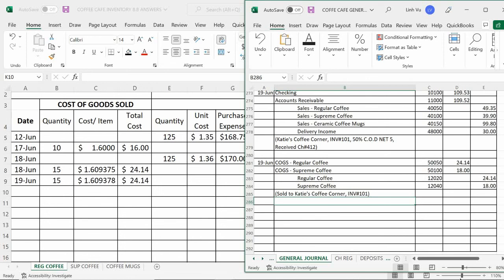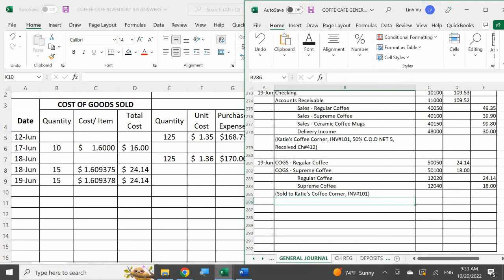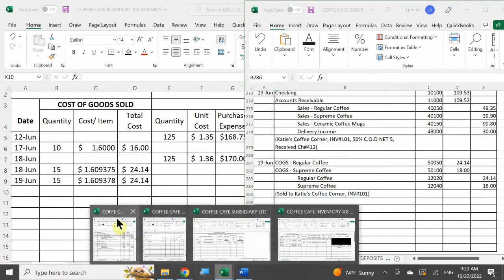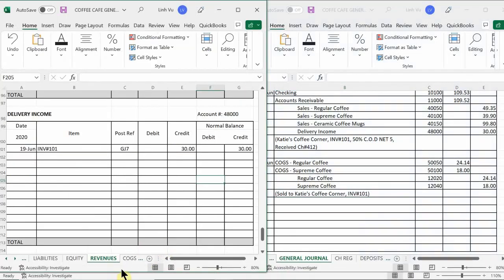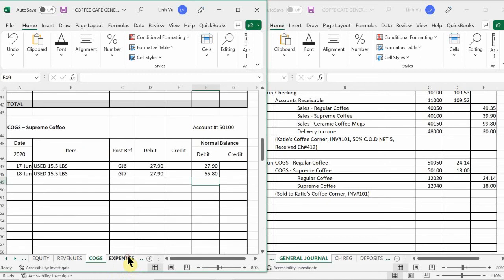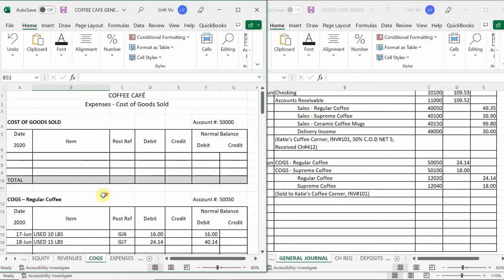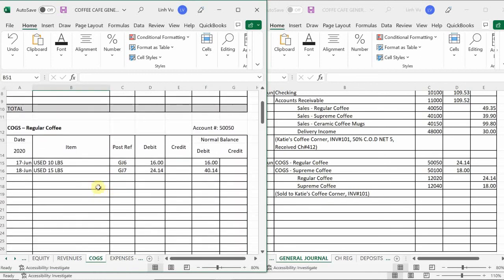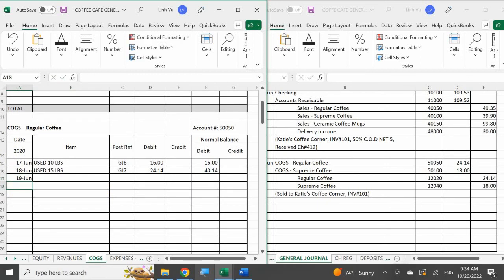So now I need to update my inventory. Let's plug it into my ledgers. Cost of goods sold, starting with my regular coffee. I sold 15 pounds of regular coffee for $24.14.